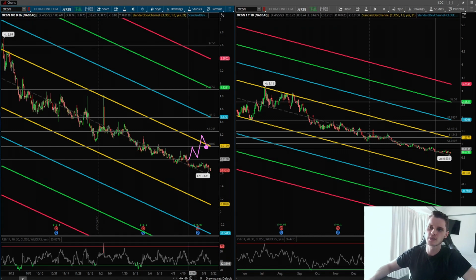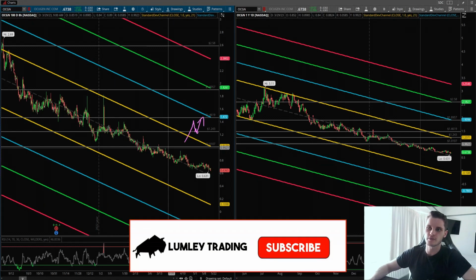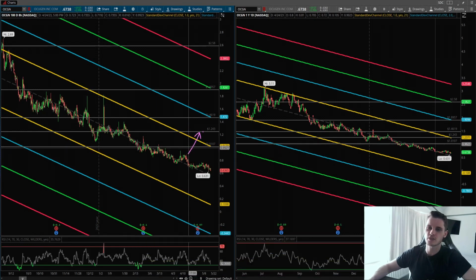If that holds, then you look to play direction to the next deviation level, which in this case would be about $1.25. And that's how you use these levels going all the way up: waiting for a break, coming back to test it as a support, and then playing direction if it holds. The first time we come into them, if you're a short bias trader, just look to play that reversal. That's how I personally use these levels.